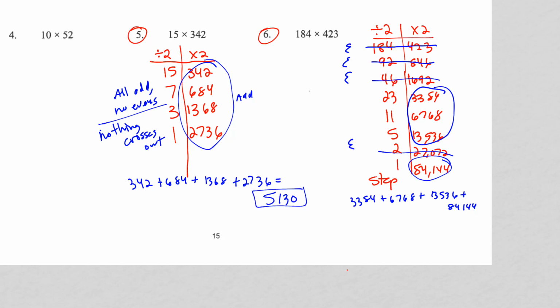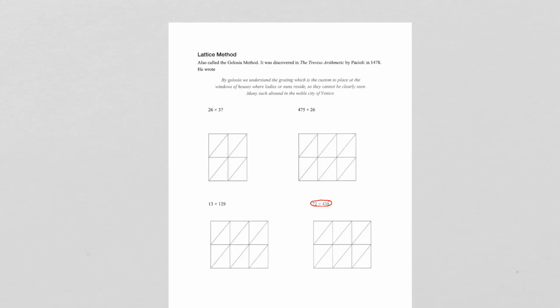The final answer is 77,832. Okay, our last section, the lattice method.